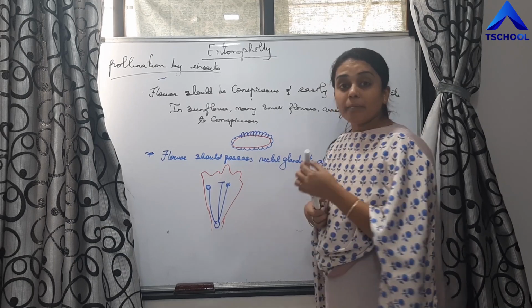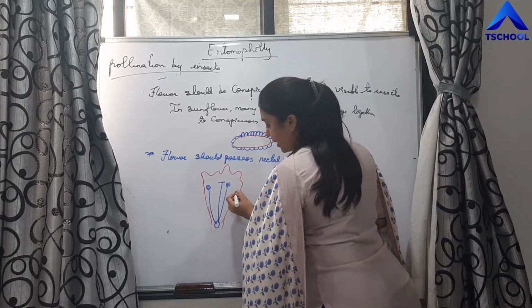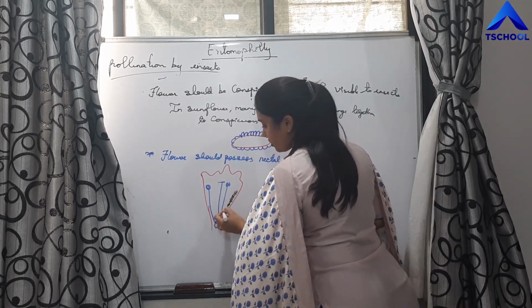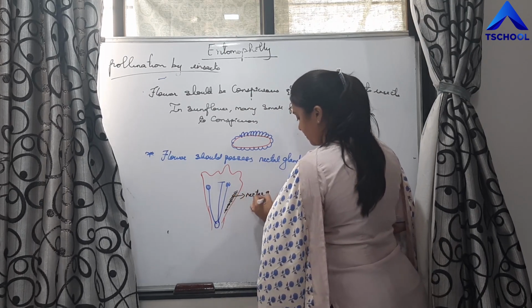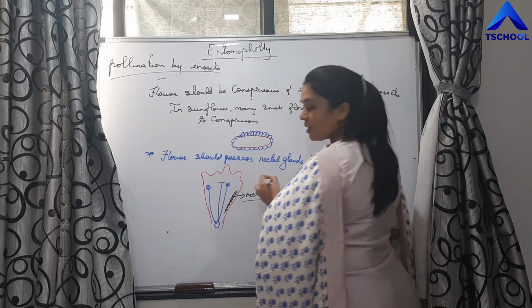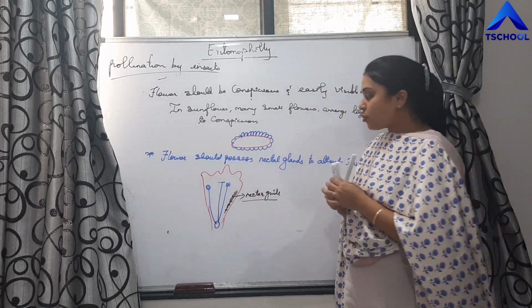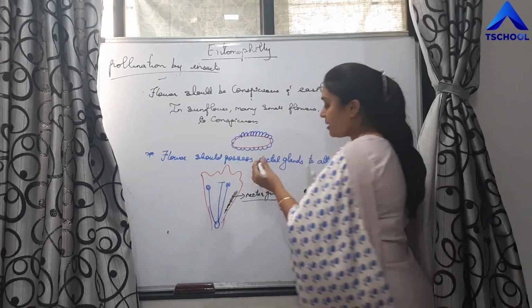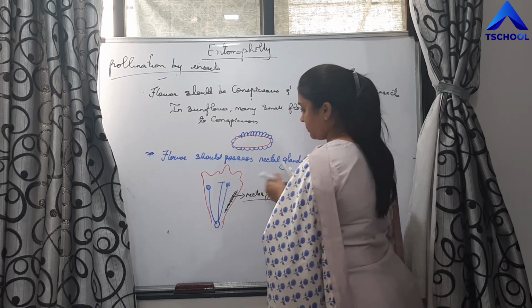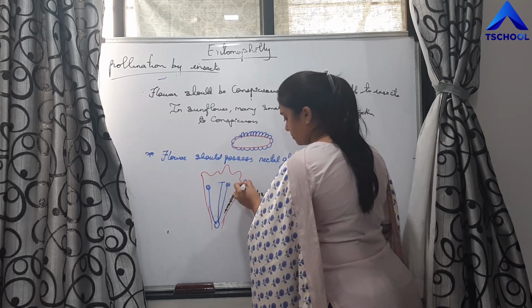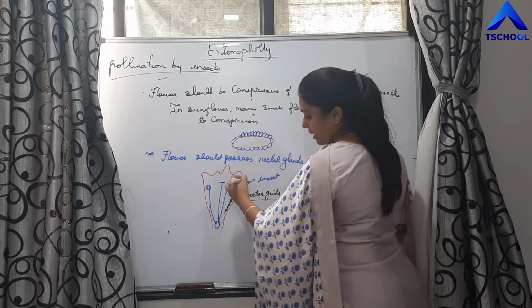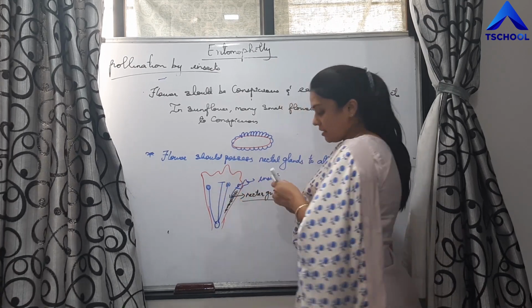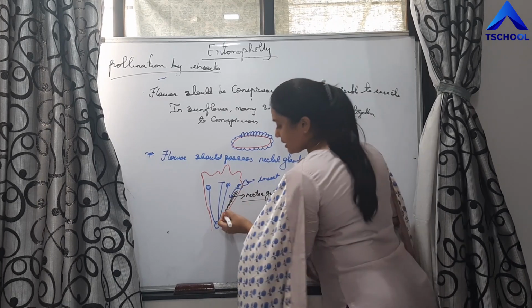Then what might the flower possess? The flower might possess a hairy structure, which is called the nectar guide, which means it is going to guide the insect. Say this is the insect. This nectar guide is going to guide the insect inside towards the nectar gland.